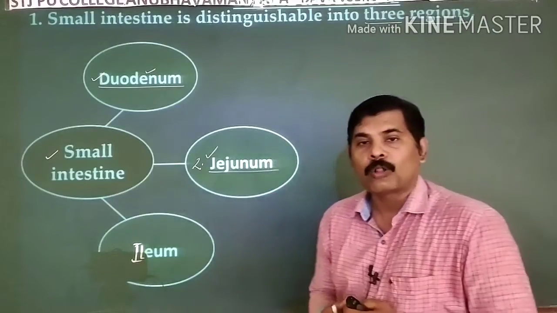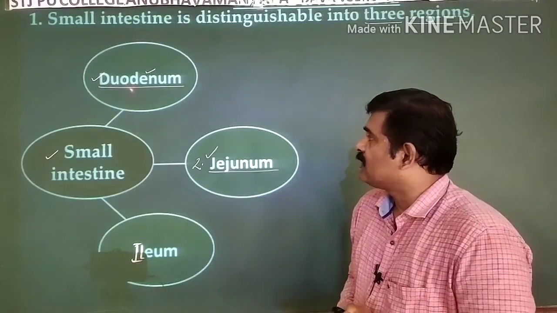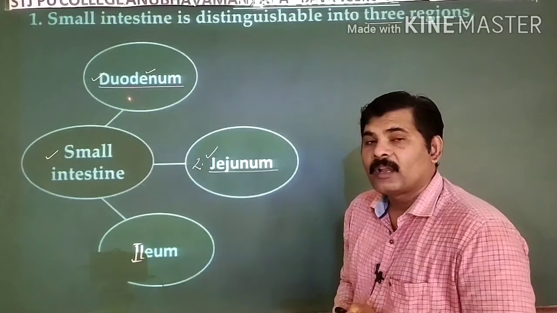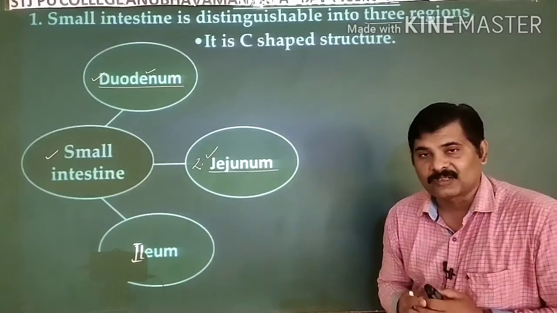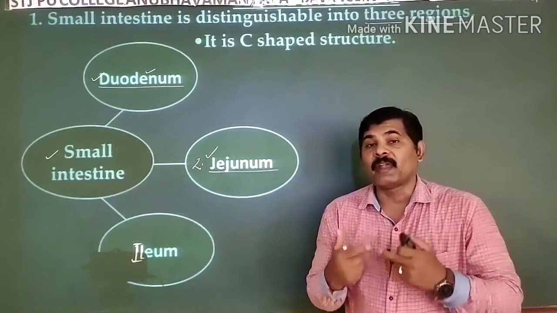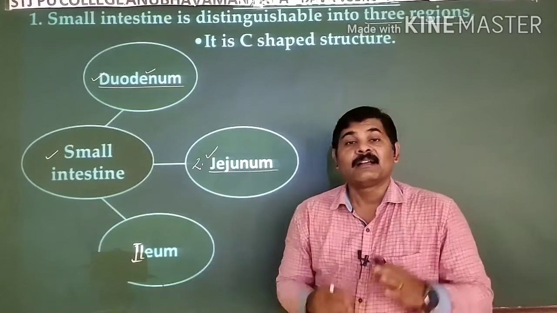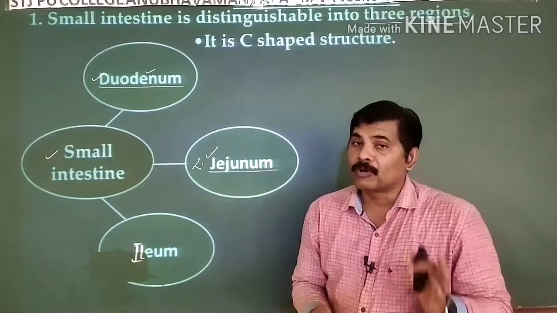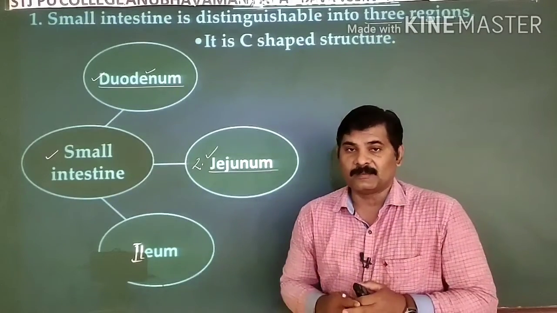I will tell you all those points in detail. Coming one by one, the first portion, the duodenum, is actually a C-shaped structure of your small intestine. But there was a modification made in your NCERT textbook. Earlier, when you studied in school and in the old books, the duodenum was described as a U-shaped structure.